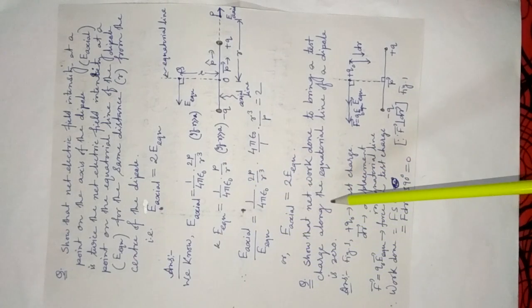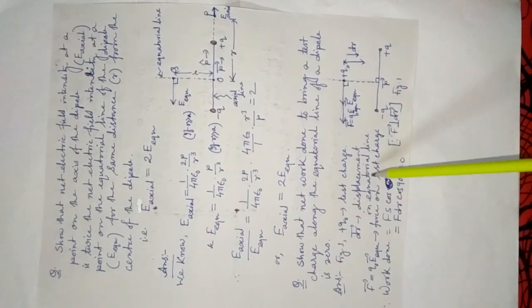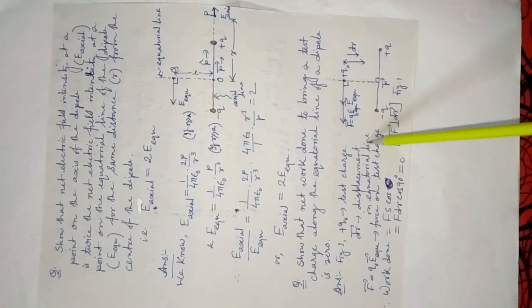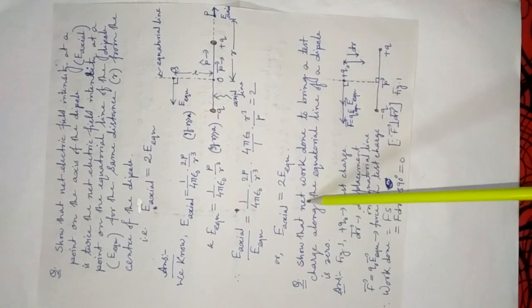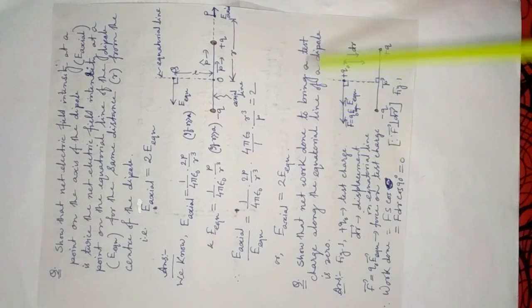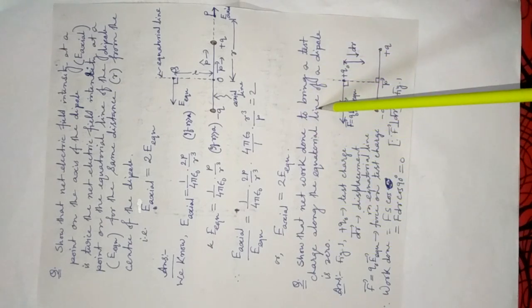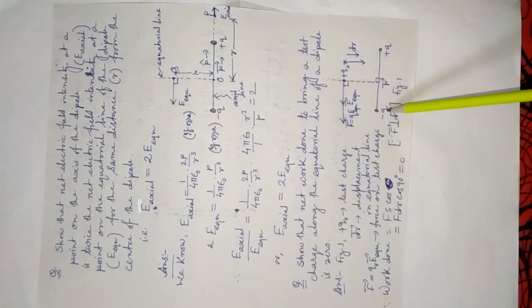Next, very important. Sometimes this type of question may come for 1 mark or 2 mark questions, though it is not directly written in the book, but I have solved it in the easiest way. See here, the net work done to bring a test charge along the equatorial line of a dipole is 0. See here, very easy.